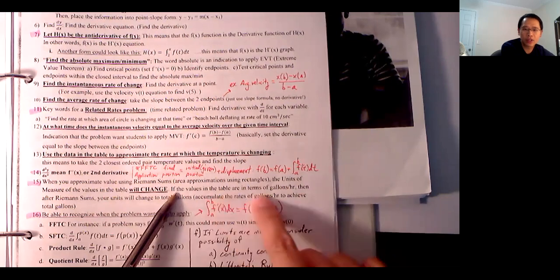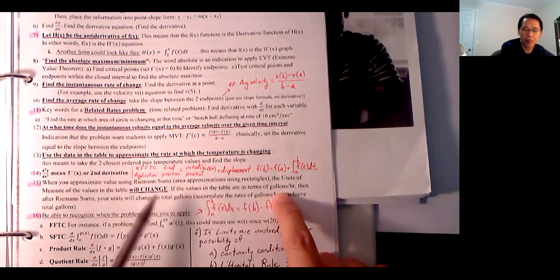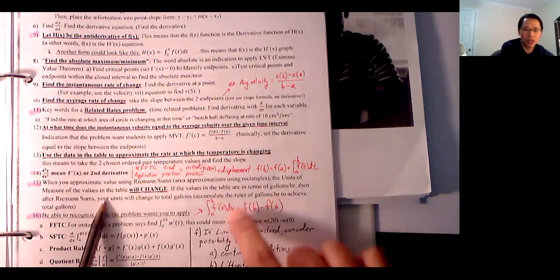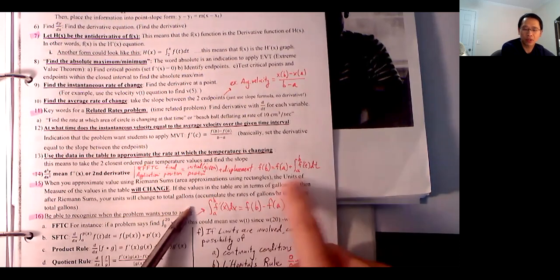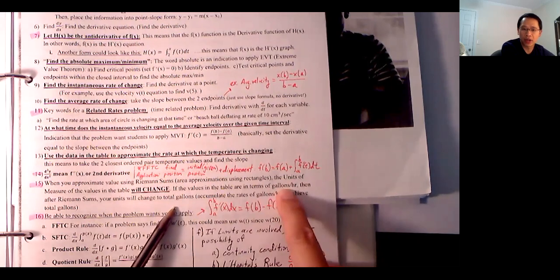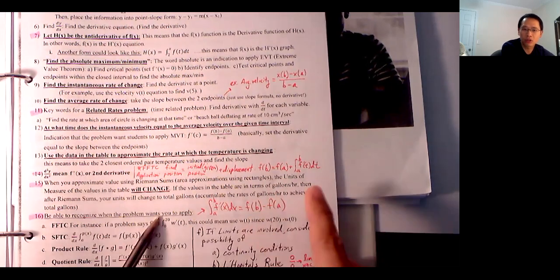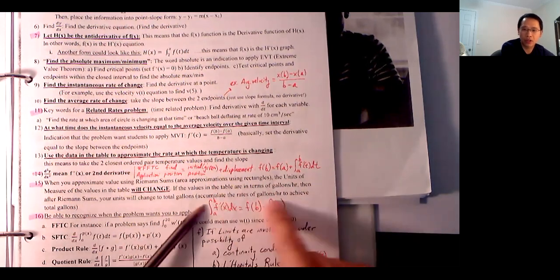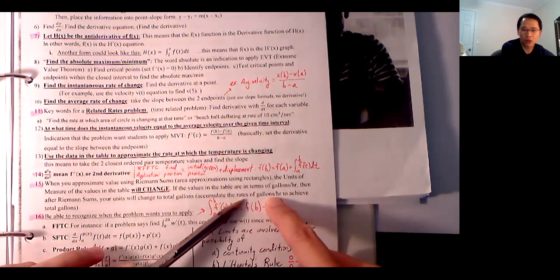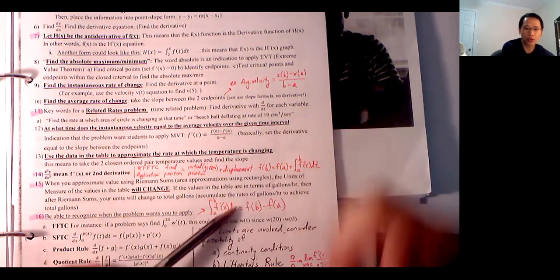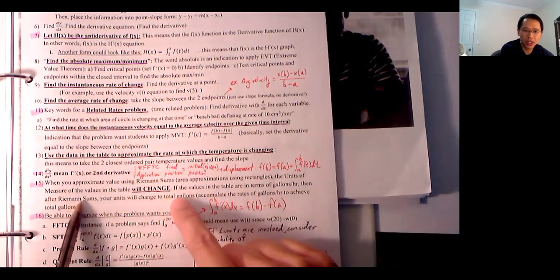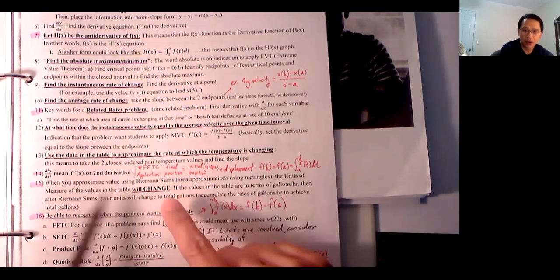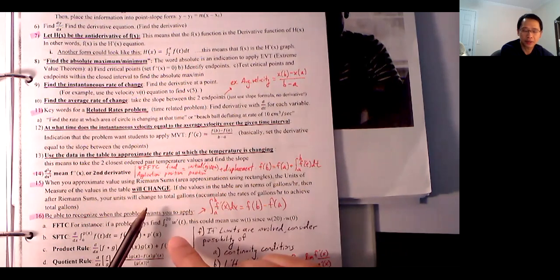If the values in the table are in terms of gallons per hour, then after Riemann sums, if it says explain what the units represent, we have to understand that it's no longer gallons per hour. We accumulated all those rates, so it's going to move up one degree from gallons per hour to just total gallons. So keep that in mind, that whenever you push anything through Riemann sums, your units will change.